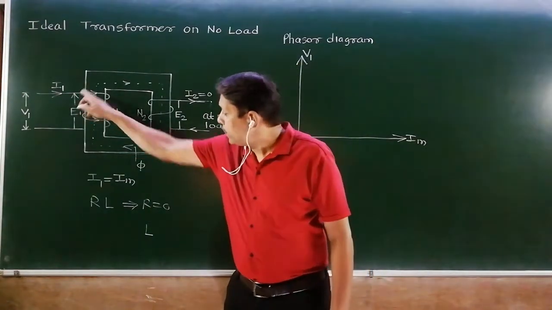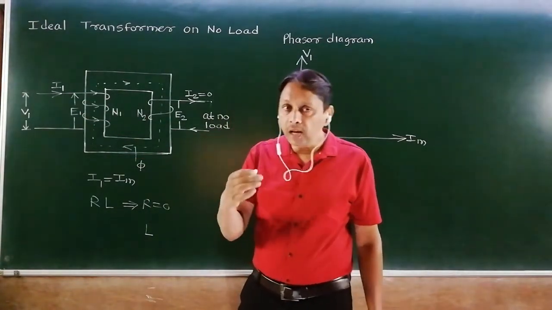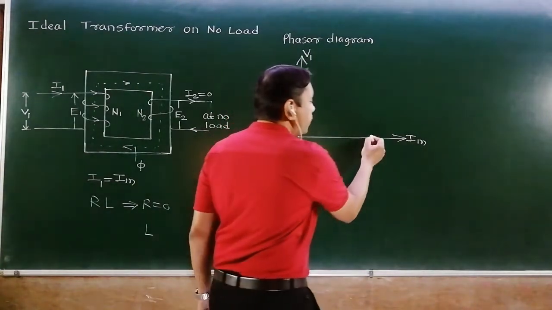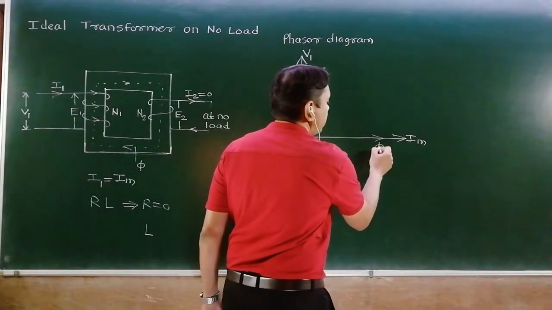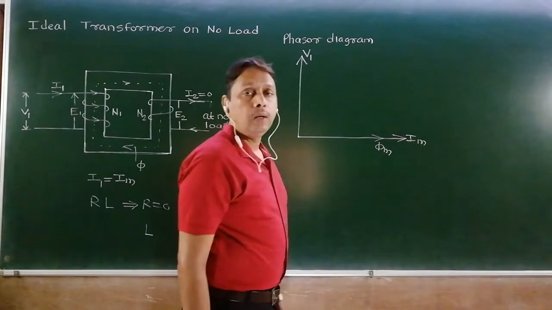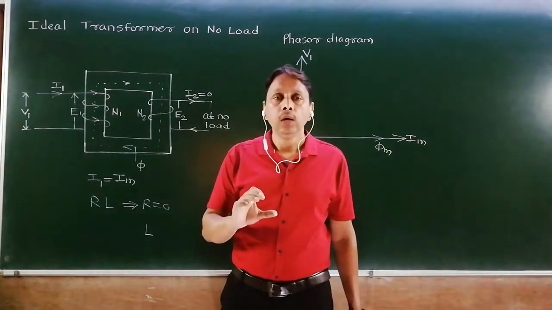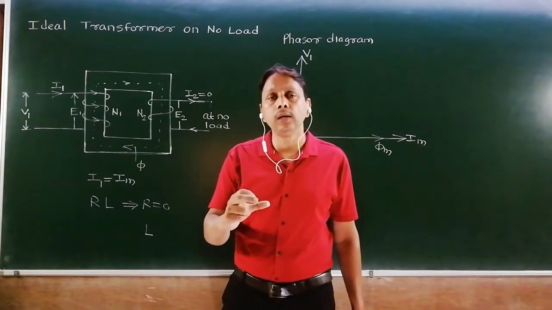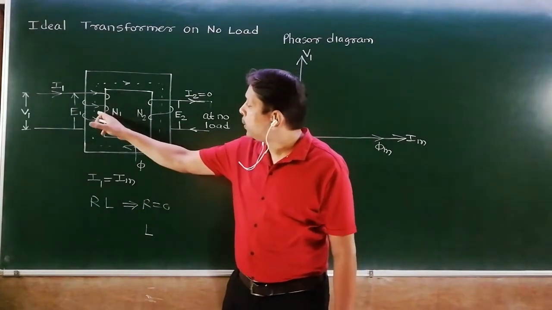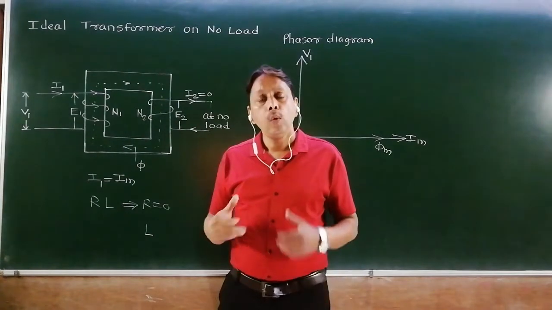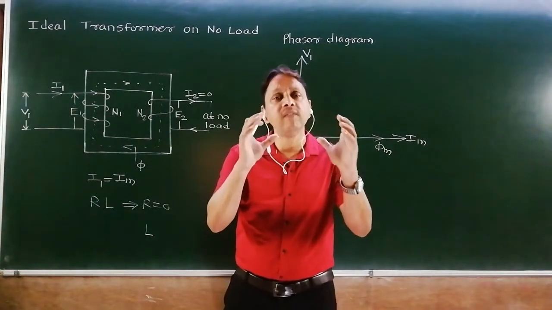Then this Im produces flux phi, and they are in phase, so I show phi m along the same line. This flux links with both windings N1 and N2. As the flux is alternating sinusoidal, the flux linking with the coil changes at every instant.